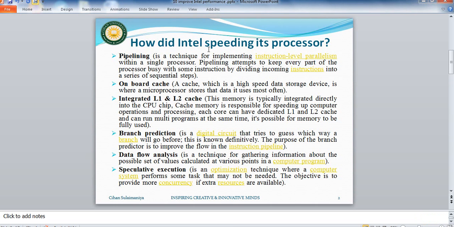The first question we have: how did Intel speed up its processor? First, think about pipelining. As you know, pipelining is a technique that attempts to keep every part of the processor busy with some instruction.